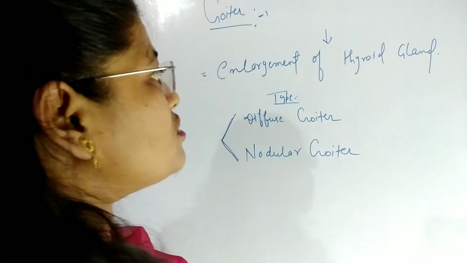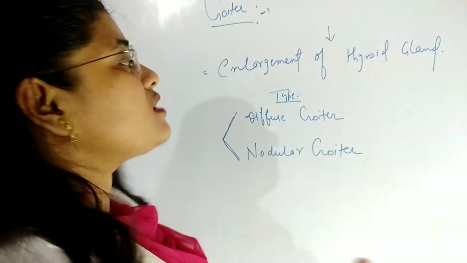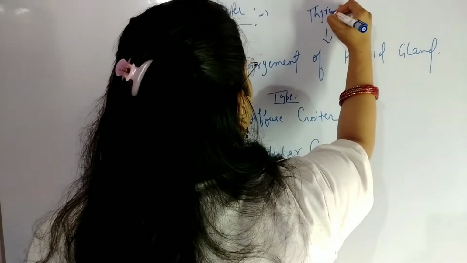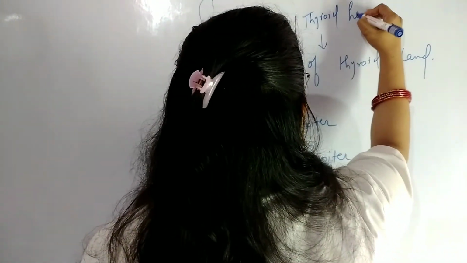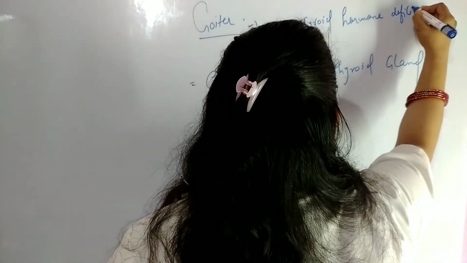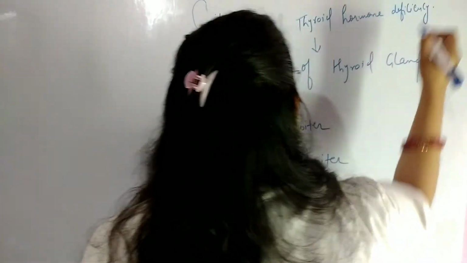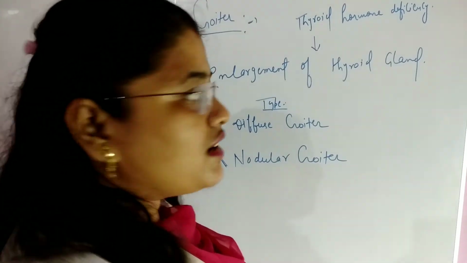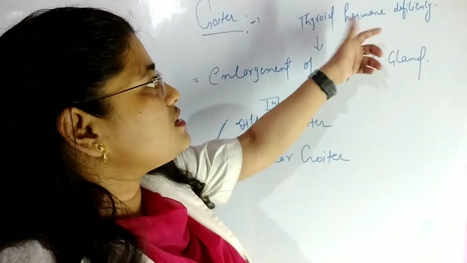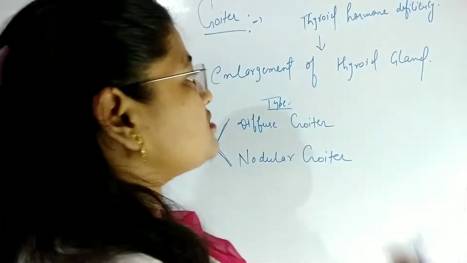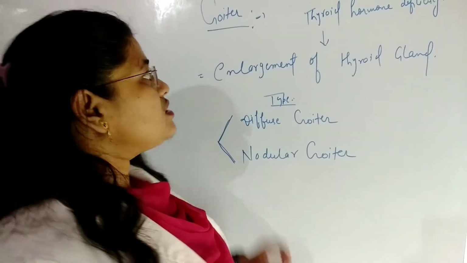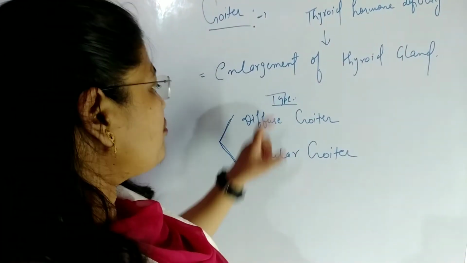Prior to this, a condition develops, that is thyroid hormone deficiency. So this is a response of the thyroid gland in the form of goiter against deficiency of thyroid hormones. So this is the basic information about goiter.